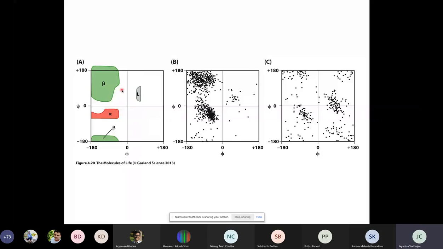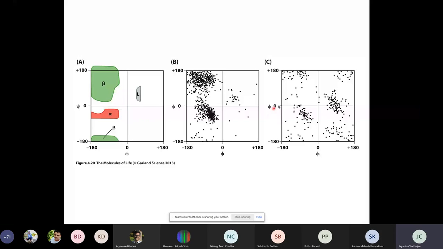It's remarkable that when protein structures were solved and their conformations projected on a Ramachandran map, it still holds true. Polypeptides do adopt conformations which typically fall in these three regions, although there are sparsely populated conformations in other regions as well.